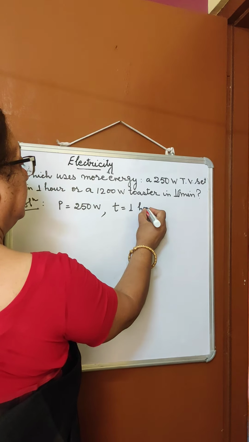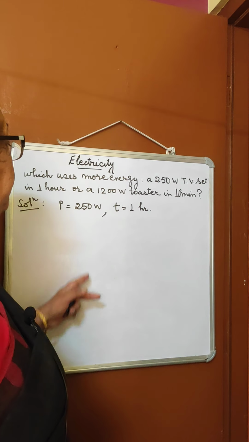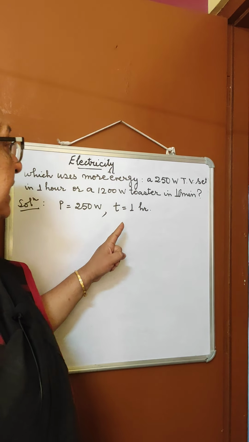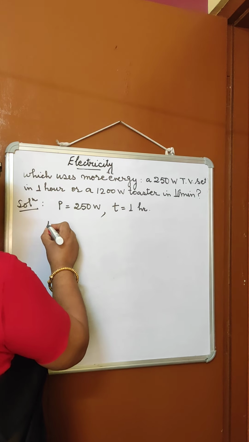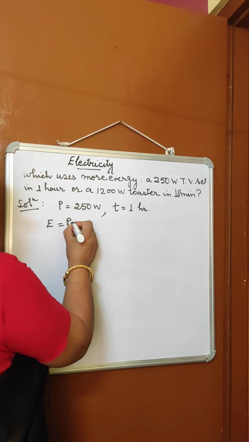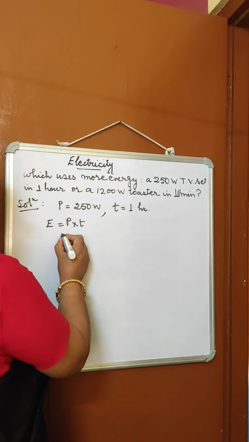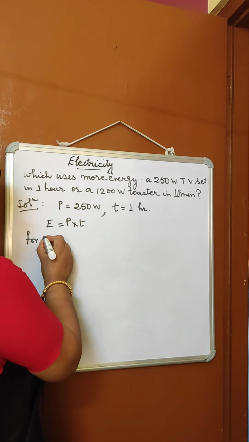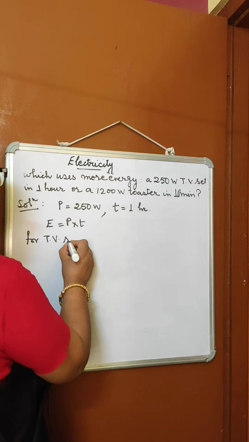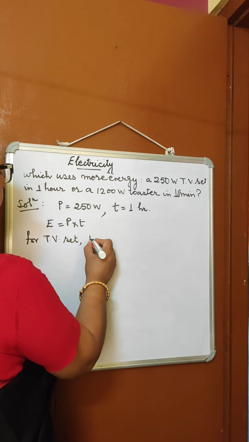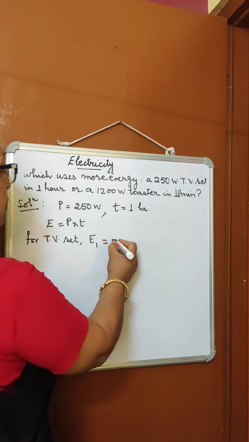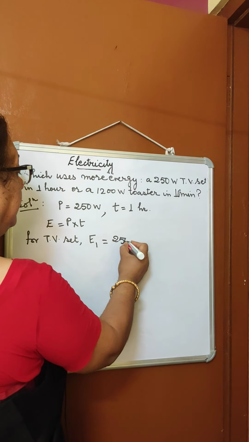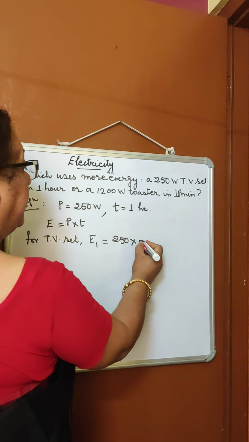1 hour. So let us first find out how much energy this TV set uses. Now you know energy is equal to power into time. So for the TV set, energy, suppose E1, will be equal to power 250 into 1 hour.